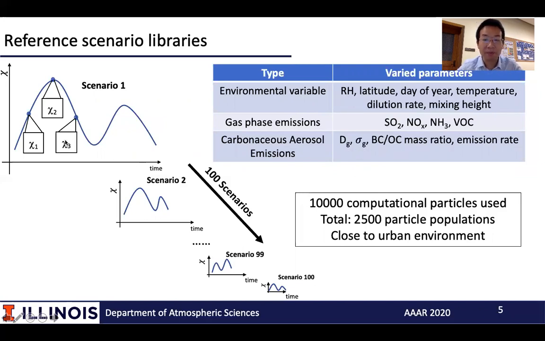For each scenario library, we use 10,000 computational particles, and we have 25 hours for each scenario, so in total 2,500 particle populations are simulated. Since we do not include dust and sea salt, our cases are close to an urban environment.